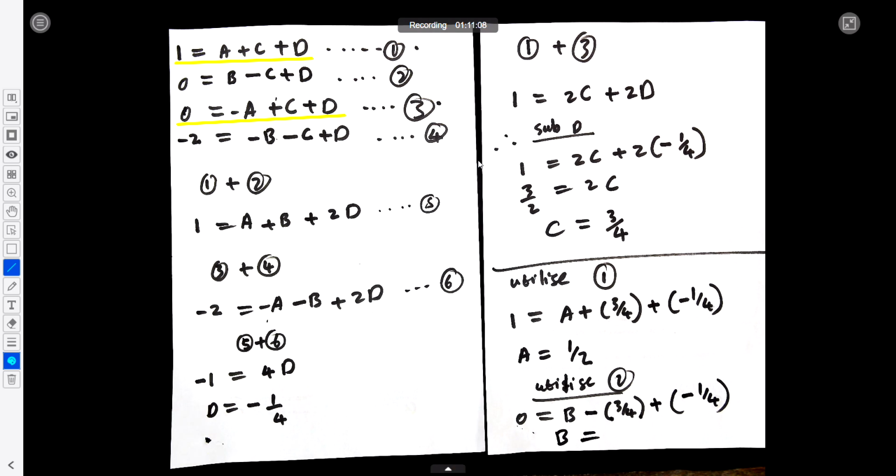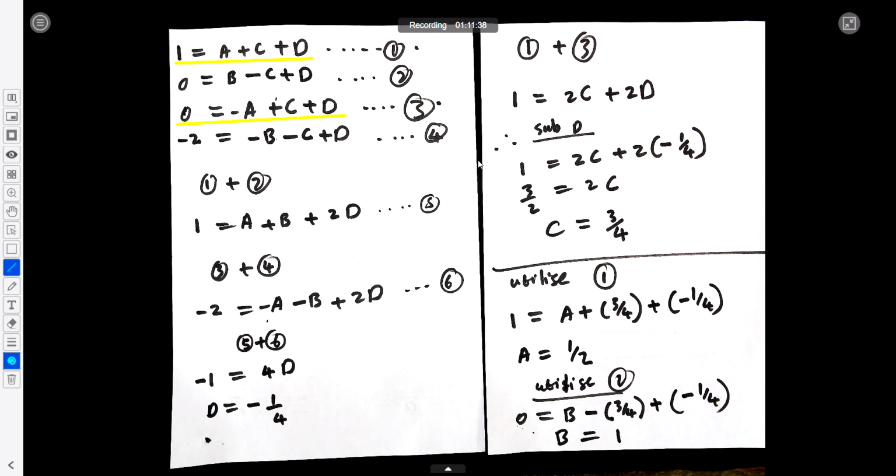So let us add negative 3 over 4 minus 1 over 4, which is negative 4 over 4, which is 1, isn't it? So it's negative 1. Take negative 1 to the other side. We're going to get positive 1. Negative 3 over 4 minus 1 over 4, so it's negative 1. Take 1 to the other side. It will be positive 1.